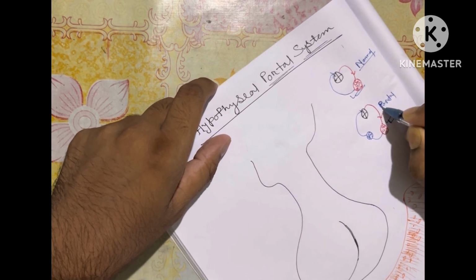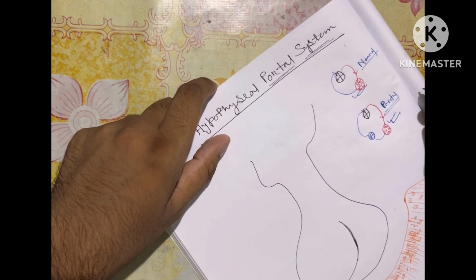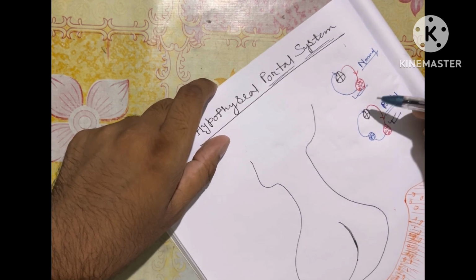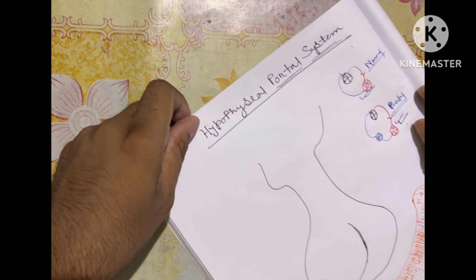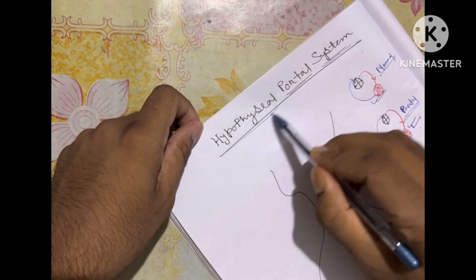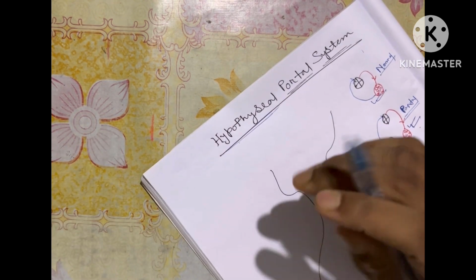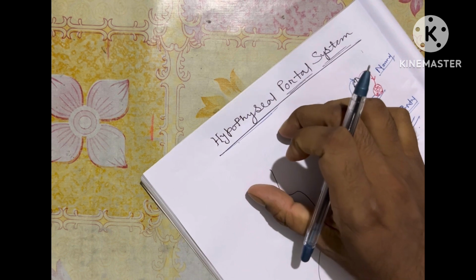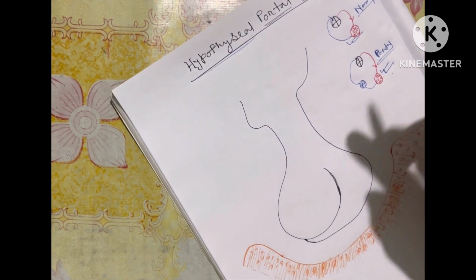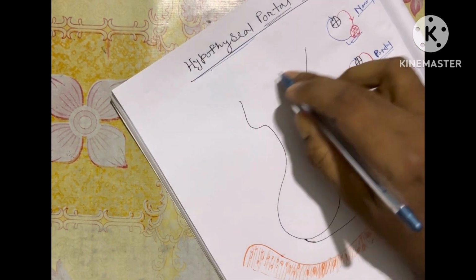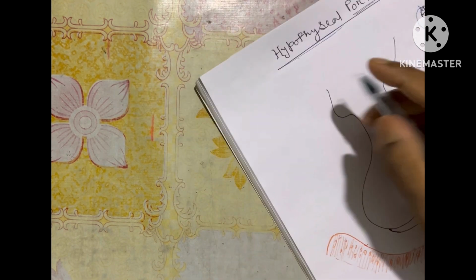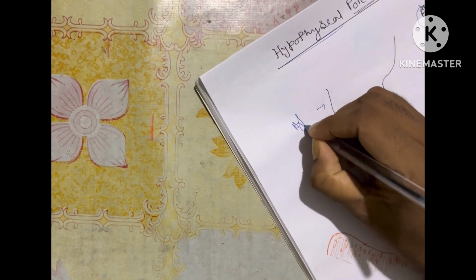One portal system we know is the hepatic portal system, but here we are going to discuss the hypophyseal portal system. Hypophyseal means the portal system which is associated with our hypothalamus. So this is the hypothalamus.